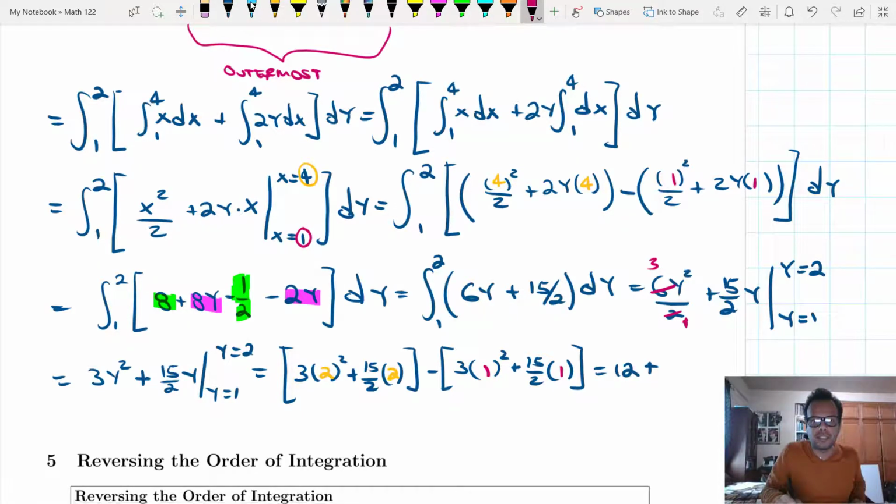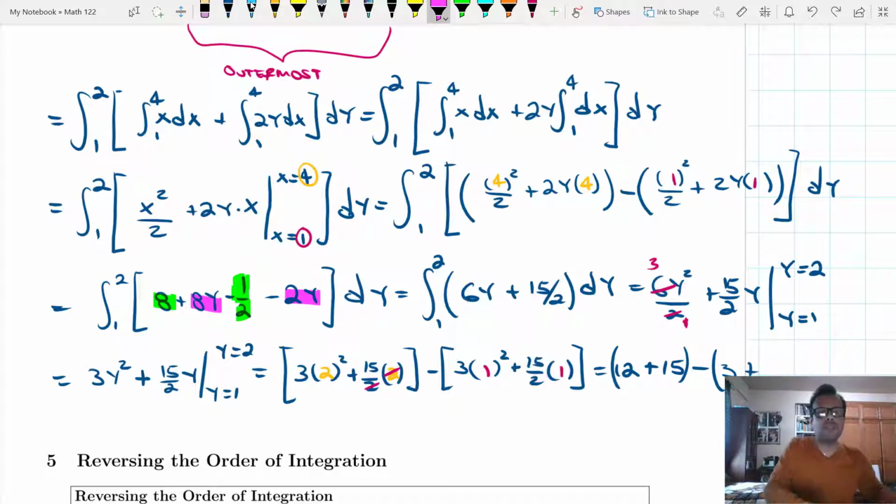Okay, let's divide out these twos, right, to get a 15. And then minus the quantity 1 squared, which is 1 times 3. That's going to give us a 3, right? Plus the quantity 1 times 15 over 2.